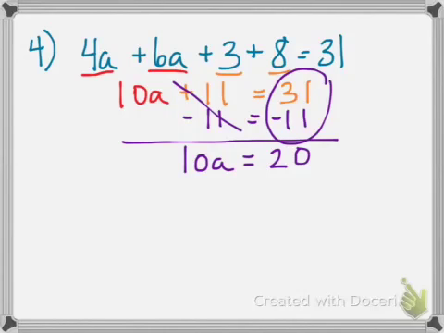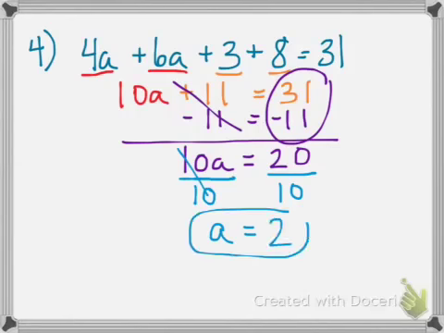I know I have to divide because this is 10 times a. So the inverse of multiplying is dividing, so I'll divide both sides by my coefficient, and I get a equals 2. A quick mental math check: 10 times 2 is 20, plus 11 equals 31, so a does in fact equal 2.